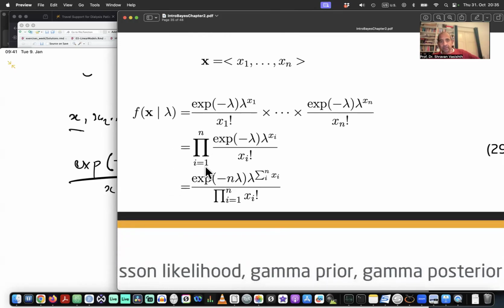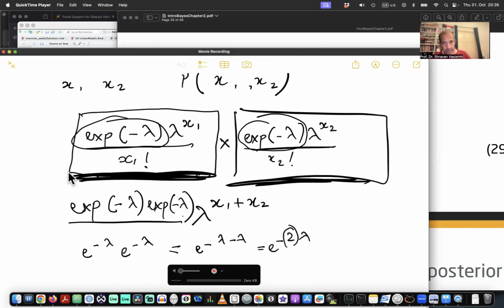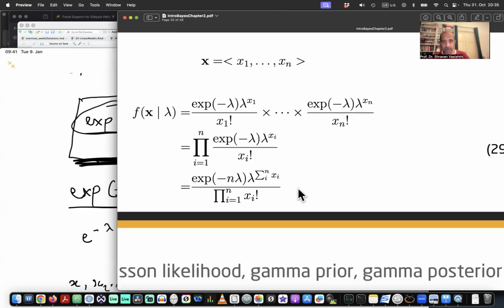And so this is just like the summation sign, except it's for products, okay? And just as I showed you for two data points, I had to sum up the exponents, you remember? I had to sum these two guys up for two data points. And here I ended up with minus 2 lambda because I had two data points. Similarly, if I have n data points, I'm going to end up with exponent minus n lambda.